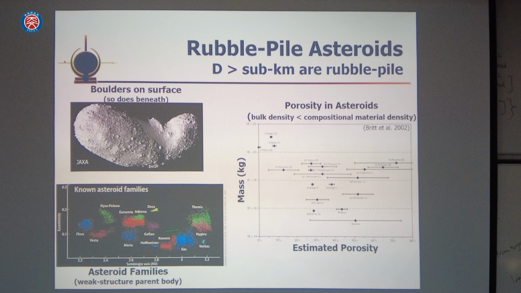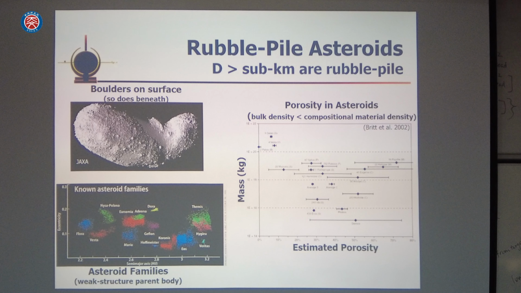So if we see this kind of asteroid family, we believe the parent body has a weak structure. Then you don't have to smash it so hard. In this way, we can keep those small pieces dynamically correlated to each other. And so we see asteroid families.